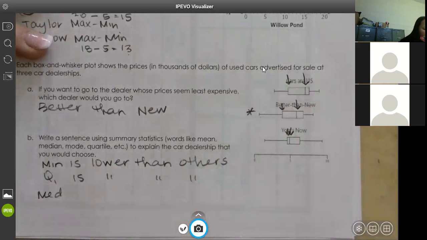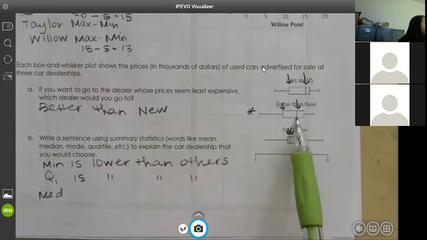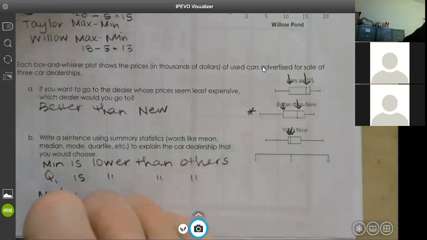So compare Better Than New to both of the other ones. What can you tell me? Is it lower than one, higher than one? So this median right here, is it lower than one? Remember, to the left means lower. Is it to the left of one of the other medians? Which one? Cars R Us.